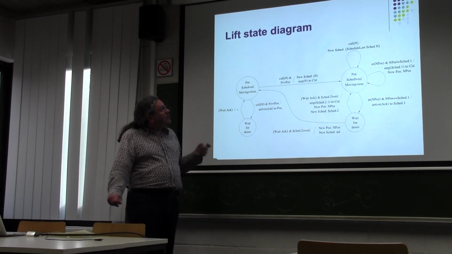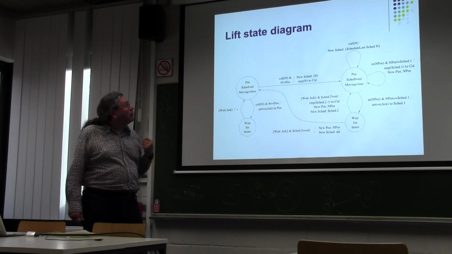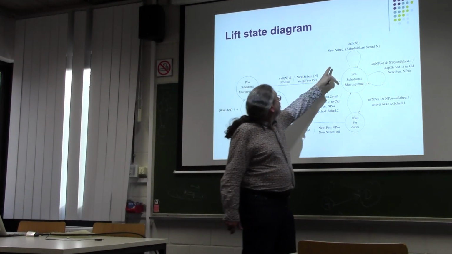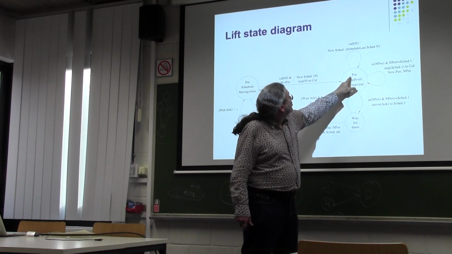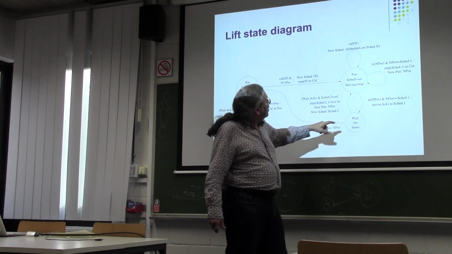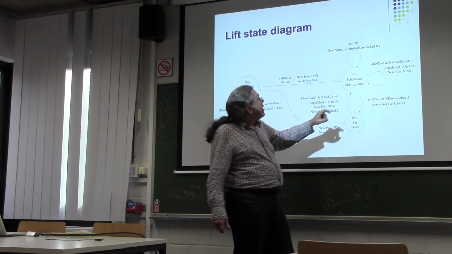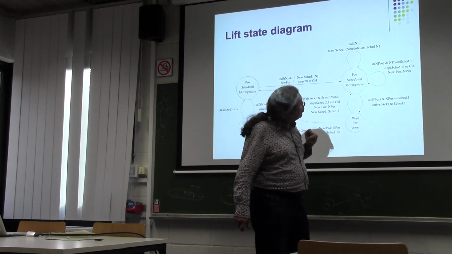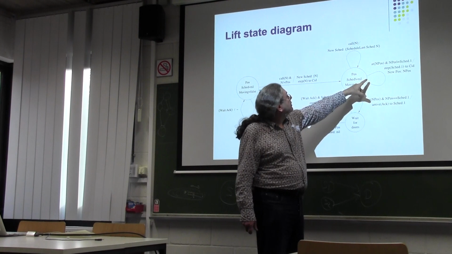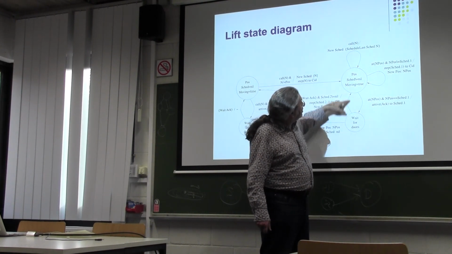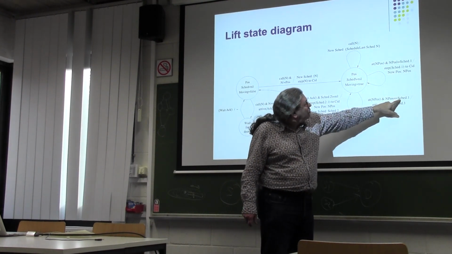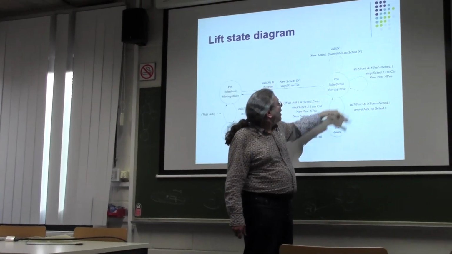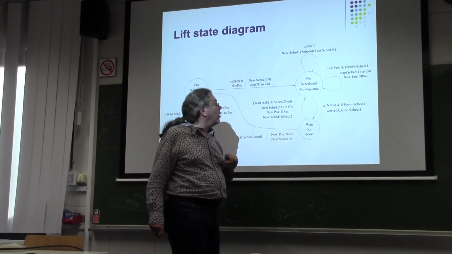Assume some floor is part of the schedule. Well, we can now prove, using the controller property, the correctness of the controller, that eventually I will get to schedule.1. We can prove that, so we arrive at schedule.1.